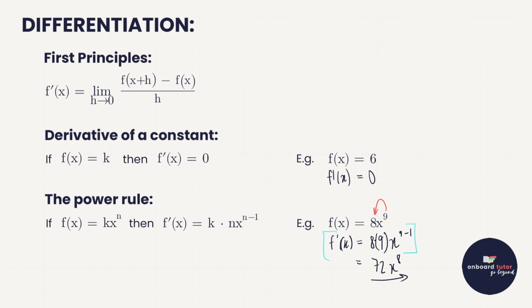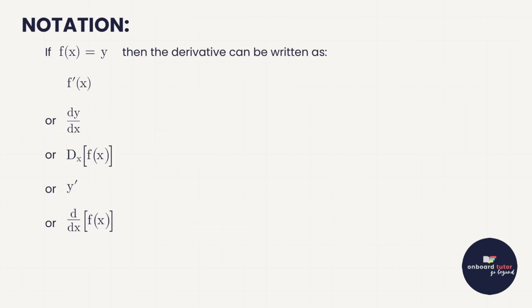Okay, and if you can remember these two things, then you can pretty much differentiate anything that's going to come your way. It is worth noting that there are so many different ways that they can ask this. So this is just a quick review of notation. Okay, so f of x, that's our function, or y, then the derivative can be written as f prime x, that's the one we know, we saw it with first principles, dy dx.